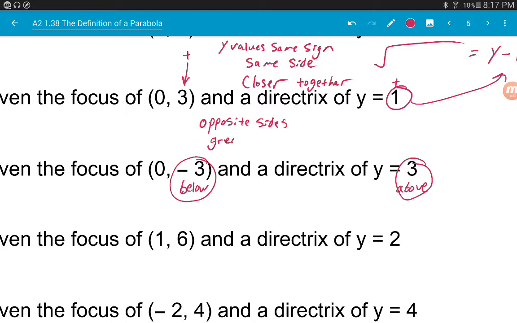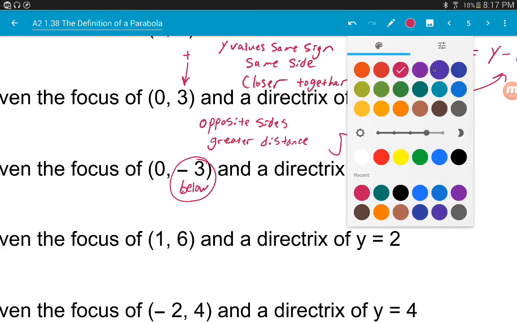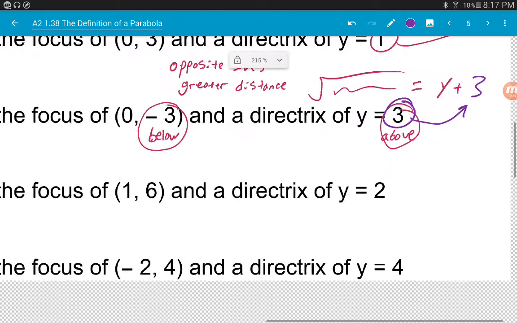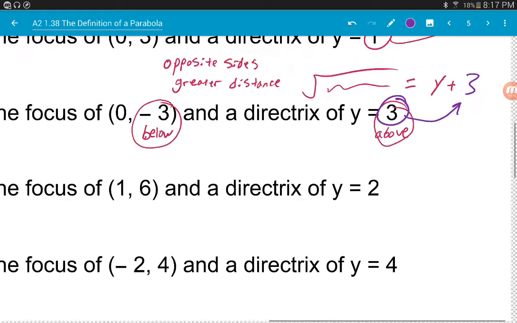That means that they're a greater distance apart. Means that our equation with the distance formula is going to be equal to y plus something. Because it's got to be greater. Plus what? Plus 3. So you can set up the equation without actually doing an example question.